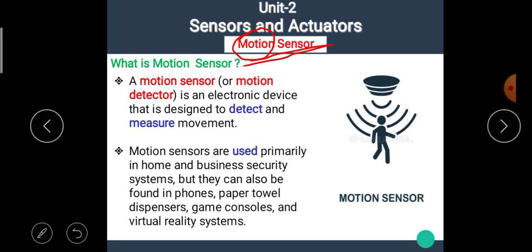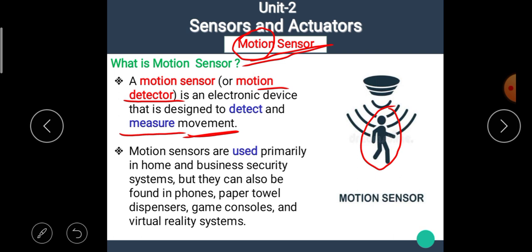What is a motion sensor? A motion sensor or a motion detector is an electronic device that is designed to detect and measure movement. That means this sensor is used to detect the movement of an object or human being or pets.